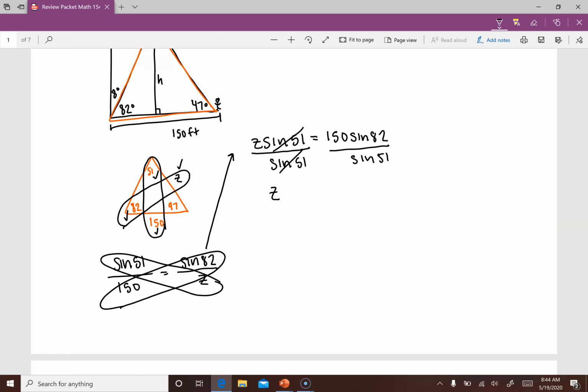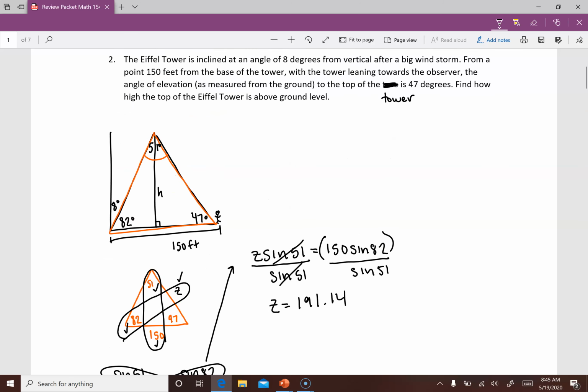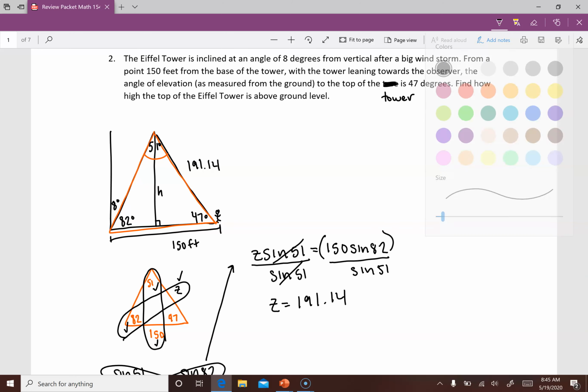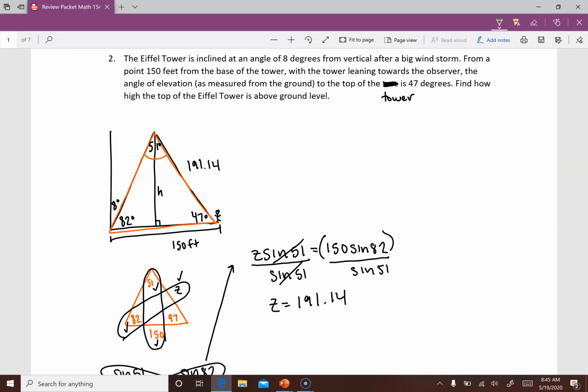So now I'm just left with z equals 150 sine 82, close your parentheses here, and then divide it by sine of 51, and I do get z is equal to 191.14. So I'm going to go back up here and mark this as 191.14.